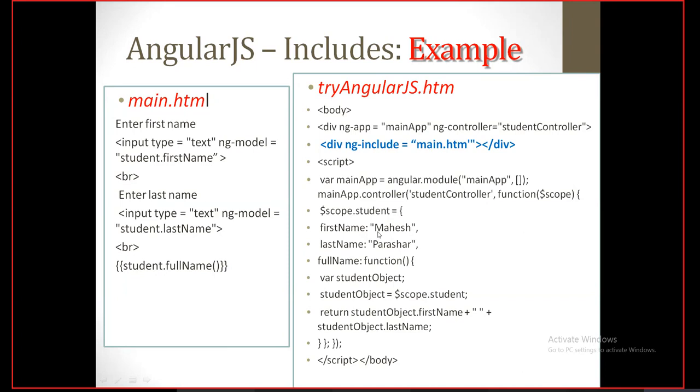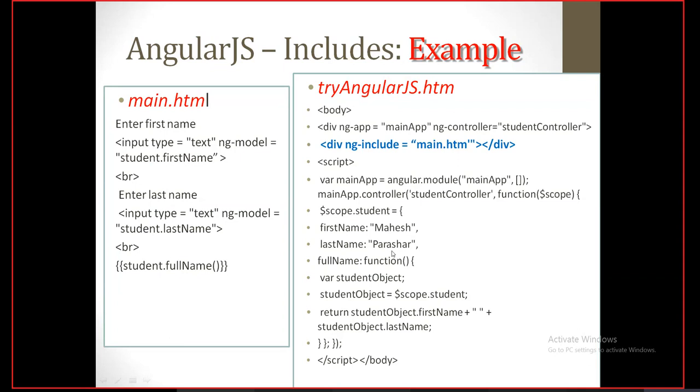First name will be initialized from the scope function. From the function, we are accessing the scope, and then we are initializing the student object. So in the scope of mainApp, we are using a student object, and the first name attribute of this student object is initialized with the value Mahesh, and last name is Prashant.